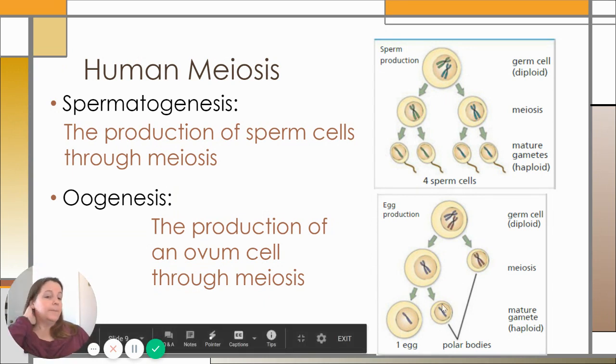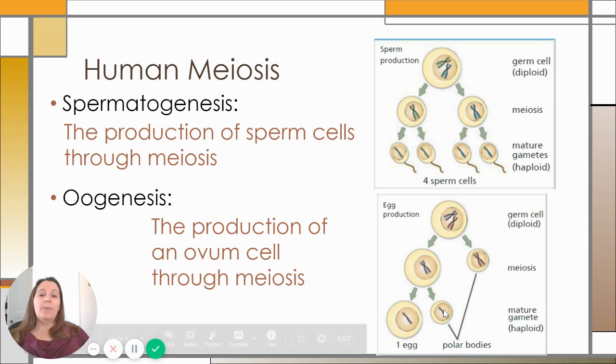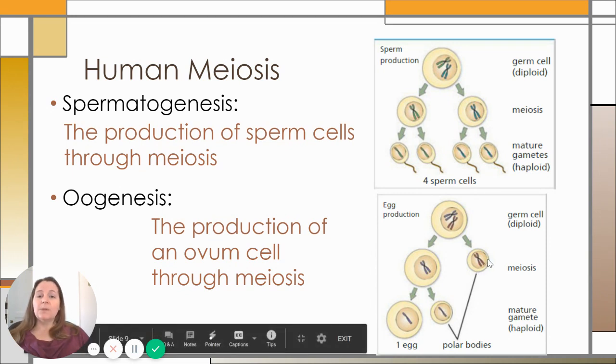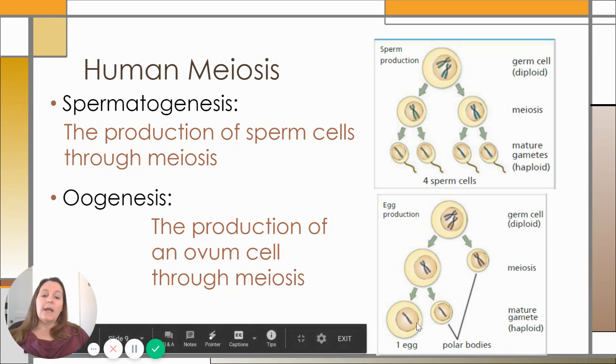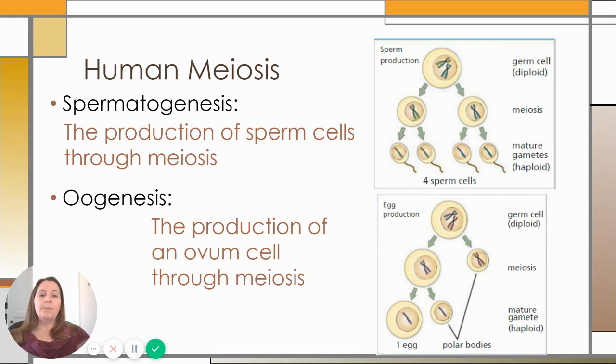The little ones are called polar bodies, and they only contain DNA and a little bit of cytoplasm. Those are broken down and reabsorbed into the body by the immune system. All the pieces and parts are reused. And then it's that one egg cell that contains all of the necessary material to create an embryo.